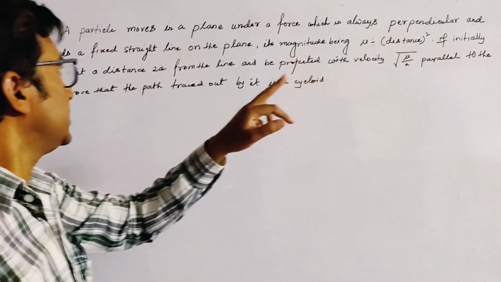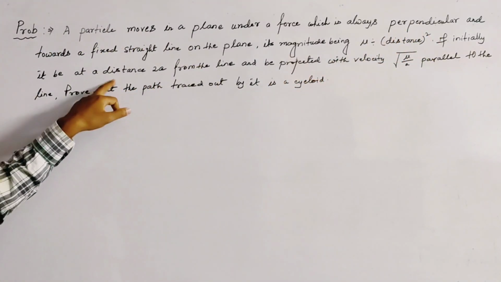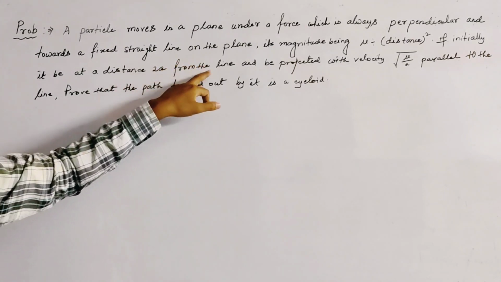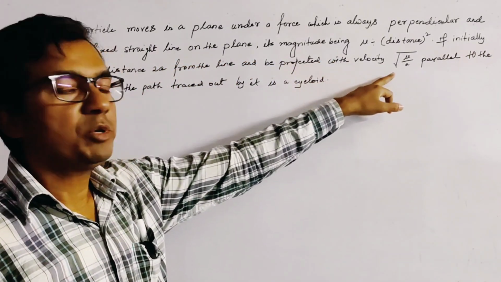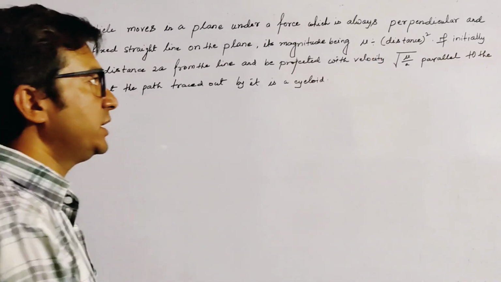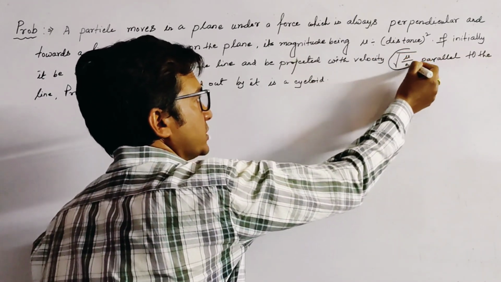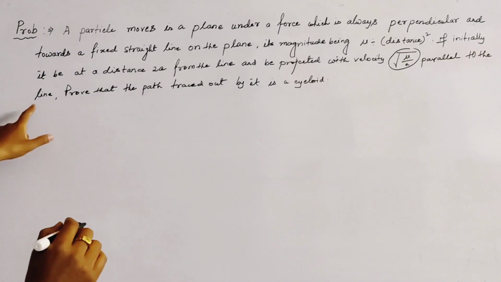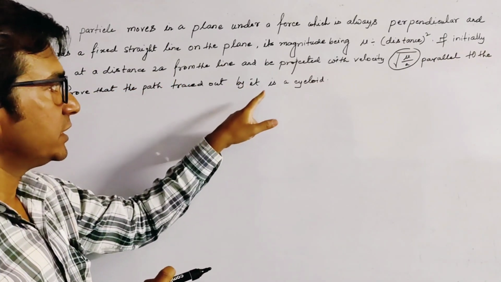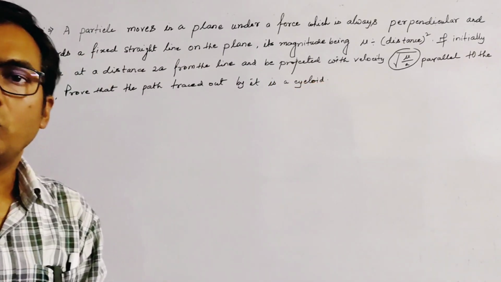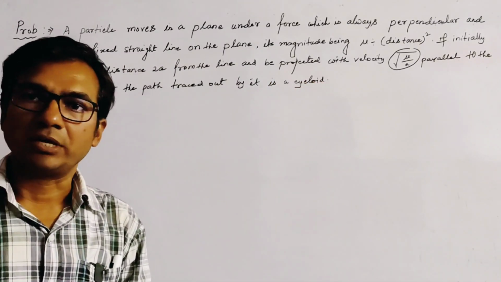If initially it be at a distance 2a from the line, and be projected with velocity root mu by a, this is the initial velocity of projection parallel to the line, prove that the path traced out by it is a cycloid. We have to prove the path is a cycloid.